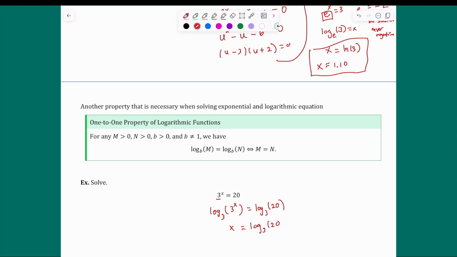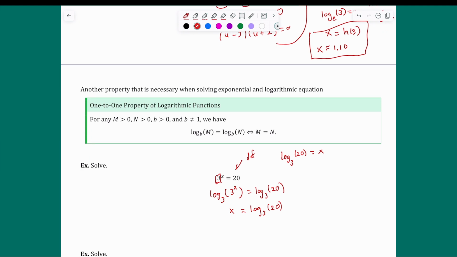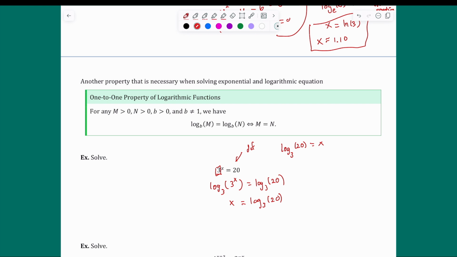You could also have done it just how we solved the equation earlier. What's the definition of a log? Well, here's the base, and this is the exponent, and so we have log base 3 of 20 equals x. Okay, however, log base 3 of 20, if we have a basic scientific calculator, most calculators these days I've seen probably carry base 3 logs now, but before they never used to carry stuff like that.